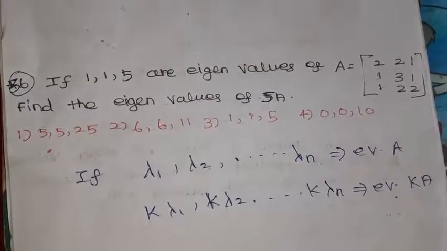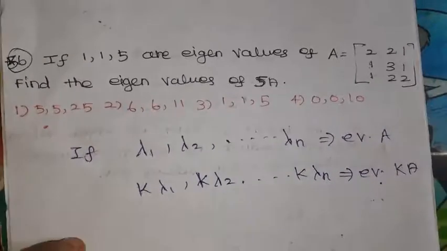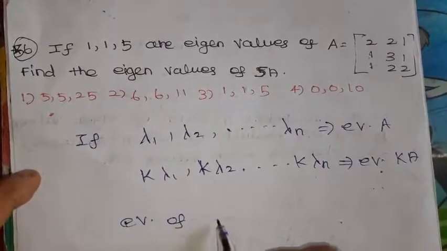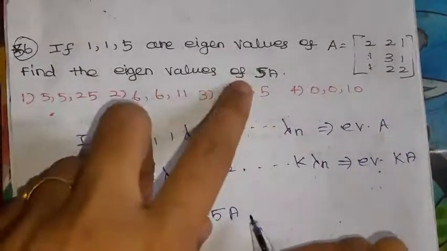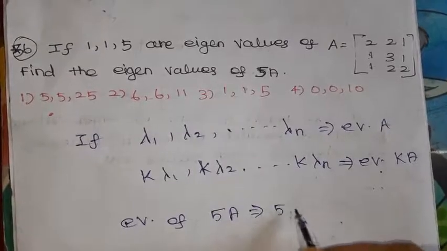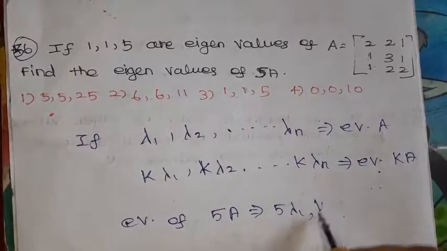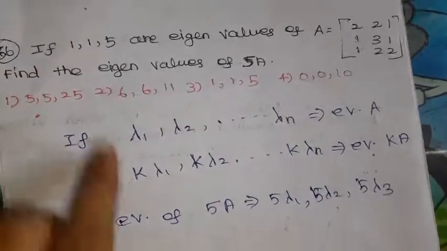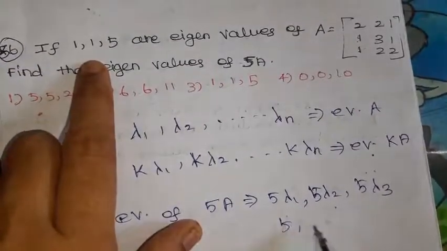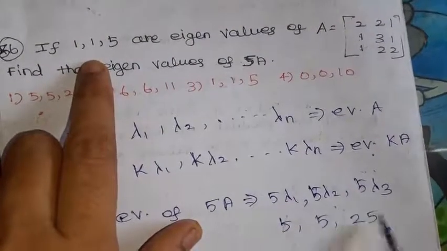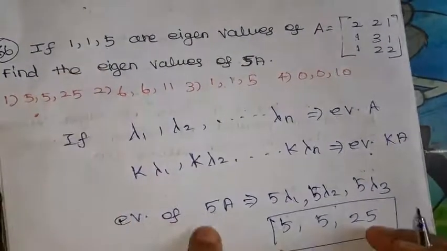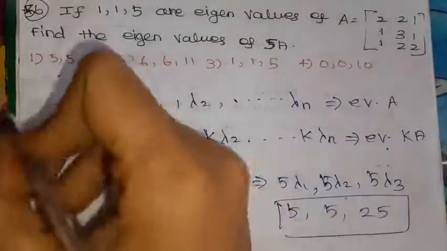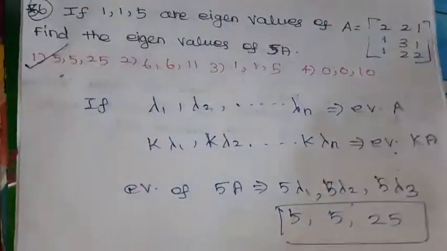Can you get it? So for this problem, the eigenvalues of 5A are 5 into lambda 1, 5 into lambda 2, 5 into lambda 3. So 5 into 1 is 5, 5, 5 into 5 is 25. So these are the eigenvalues of 5A: 5, 5, 25. Option 1 is the right option for this problem.